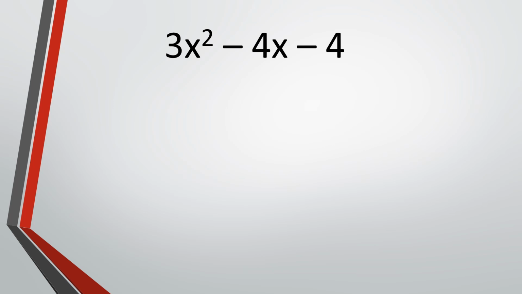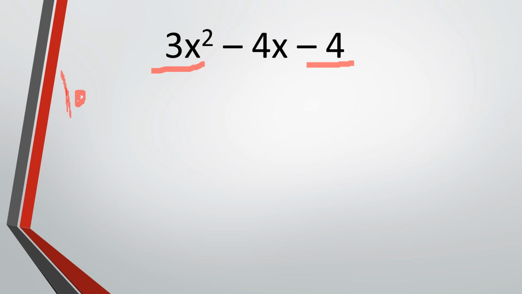Now, I will give you 5 steps to do this one. Okay, let's start with step 1. As for step 1, we will multiply the first term and the last term.